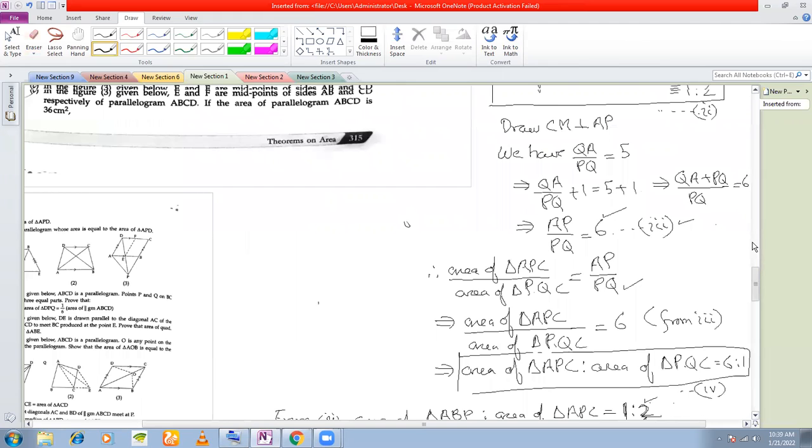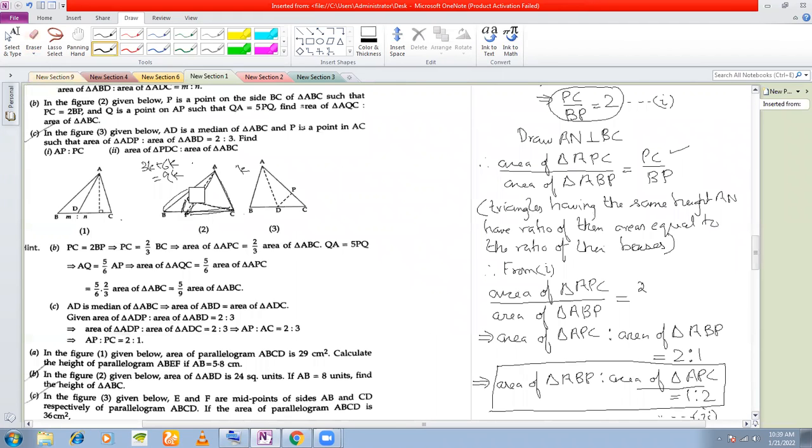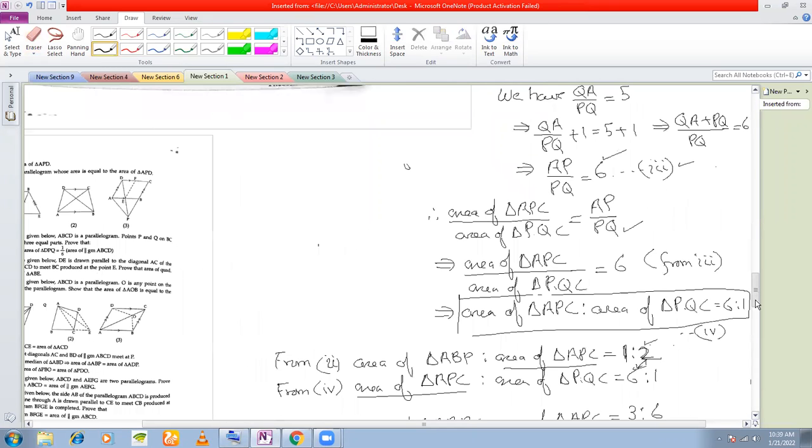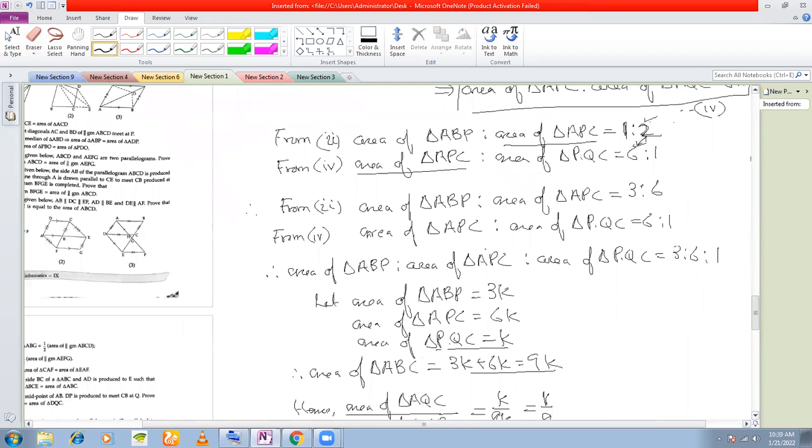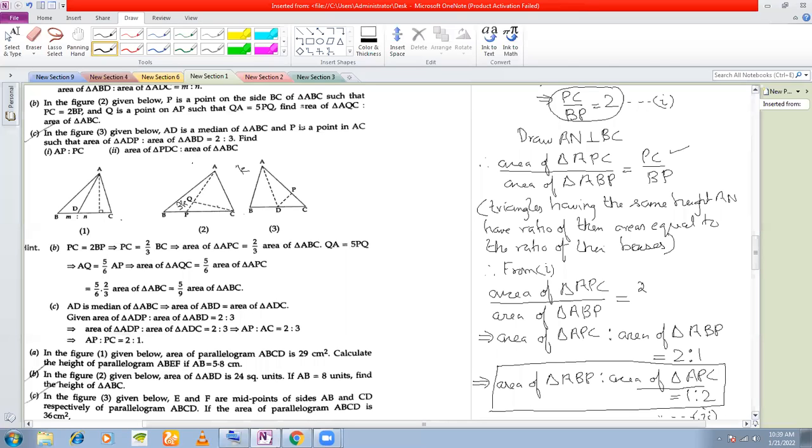ABP, this area is 3K, right? Next we have got APC as 6K. So this entire area here is 6K. That means the area of triangle ABC is 3K plus 6K. This is okay, right?